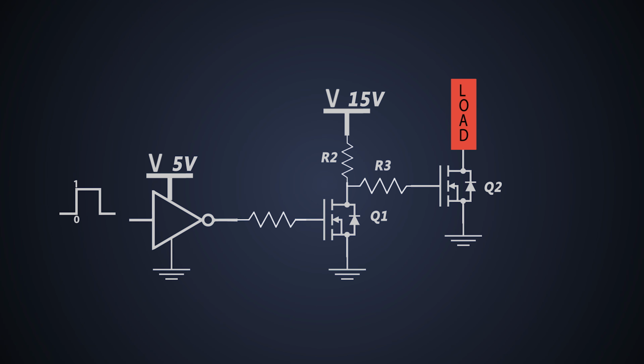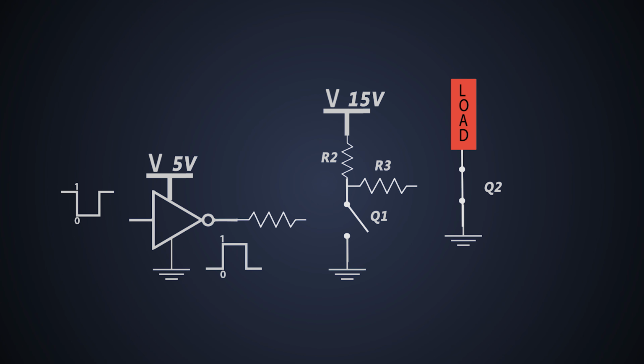When the high pulse to turn on the power MOSFET is provided to this NOT gate, this logic circuit gives a low pulse to this MOSFET Q1 and it turns off. When the MOSFET Q1 is off, the current flows to the resistor R2 to R3 and it turns on our main power MOSFET. When the low pulse is provided, this NOT gate gives a high pulse to the MOSFET Q1.